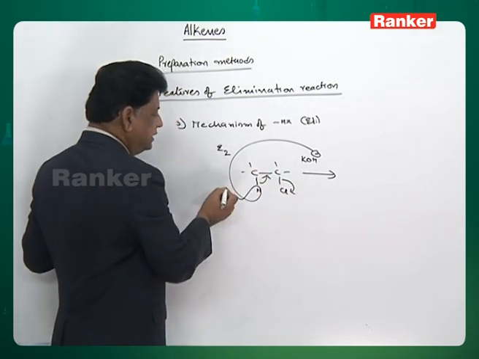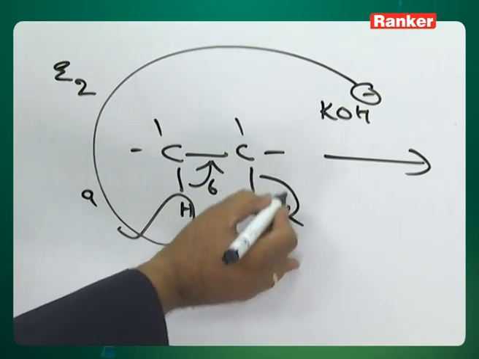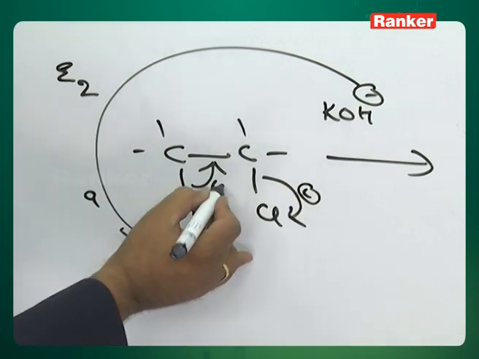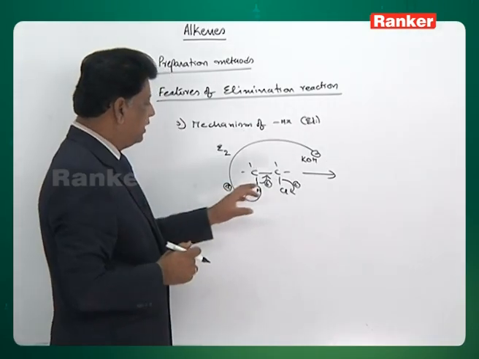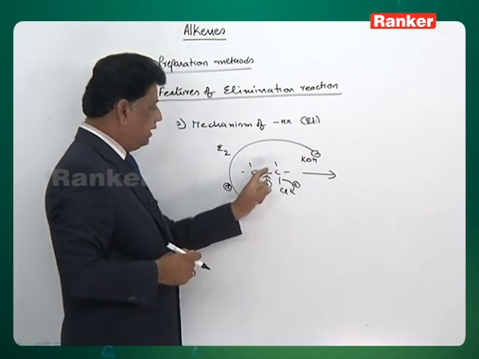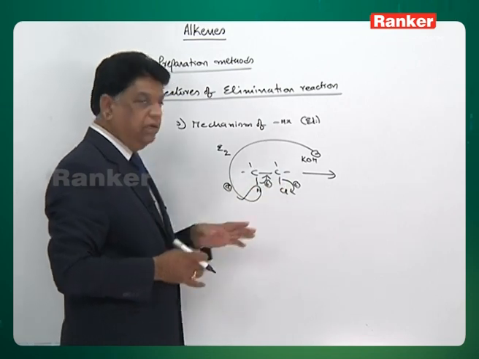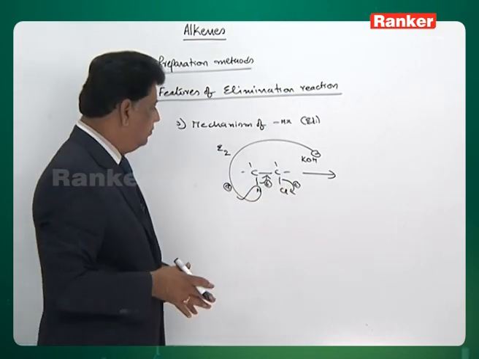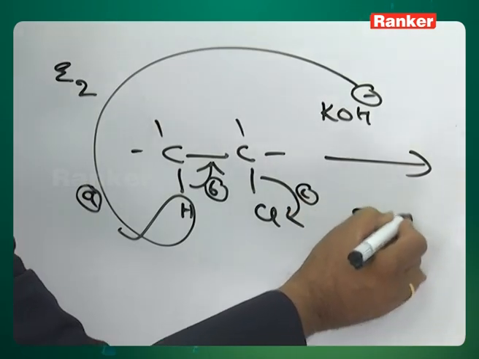Let us say OH takes the proton, 2 electrons shift to B, and 2 electrons shift to C. This A, B, C synchronizes at a time, and therefore it is only a single step reaction.